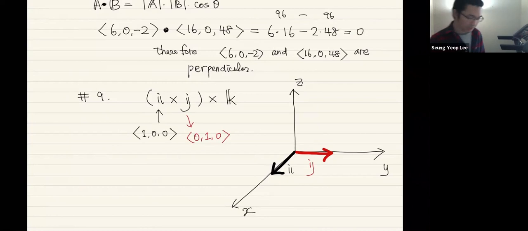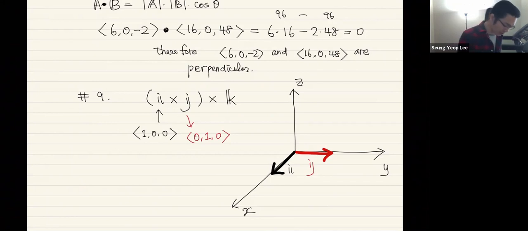The right-hand rule uses your right hand, because if you use your left hand, the answer will be opposite. Place your forefinger along the first vector of the cross product.